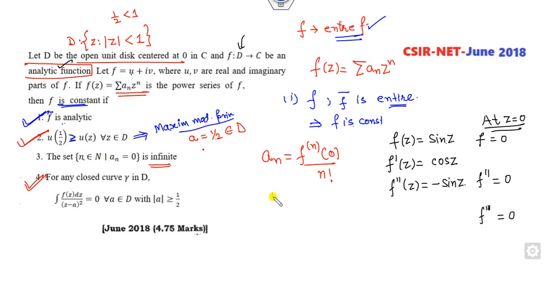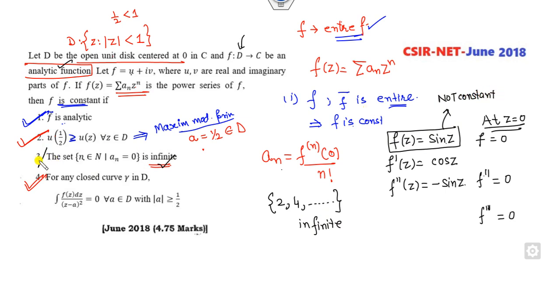So the set a_n will have a_2 is 0, a_4 is 0, and so on. So it is infinite. So it satisfies this one. But is this a constant function? This is not constant. So what is the meaning of that? This option is cancelled. So the right answers are A, B and D.